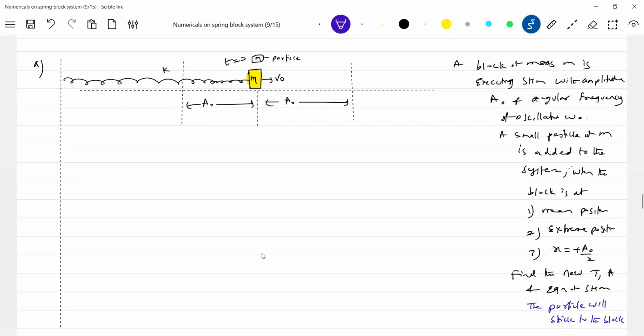We'll put a condition like an inelastic collision idea, noted in the end. Okay, let's get into the concept.